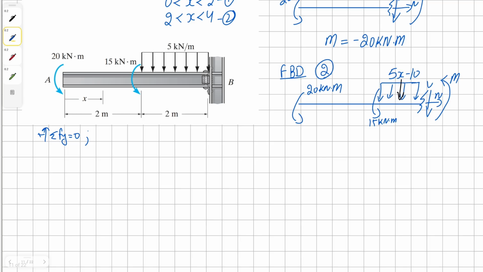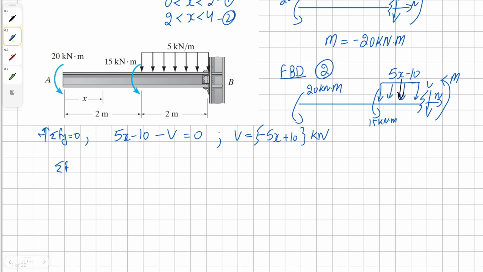But anyways, moving on. We're going to have 5x minus 10, and then our unknown shear, all equals 0. Solving for shear, we get negative 5x plus 10. This whole section is in kilonewtons.